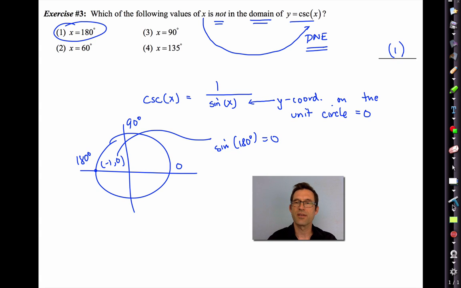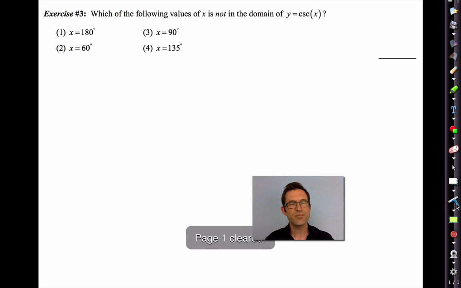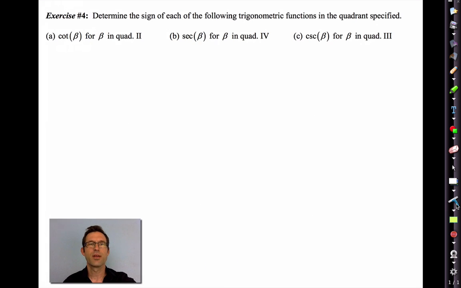Okay, let's clear out the text. And let's go to the back side of the sheet. All right, now kind of like what we did earlier on in this unit, I'd like to determine whether or not cotangent, secant, cosecant, all that stuff is positive or negative based on the quadrants. Okay?